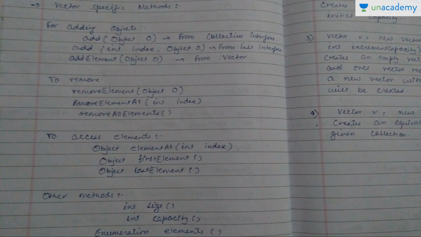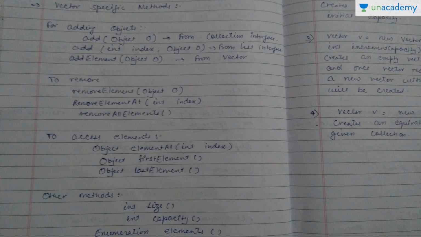Now to access elements, we have methods like Object elementAt(int index), so we can access a particular element at a given index. The next one is Object firstElement(), which will retrieve the very first element from the Vector. The next is the Object lastElement() method.